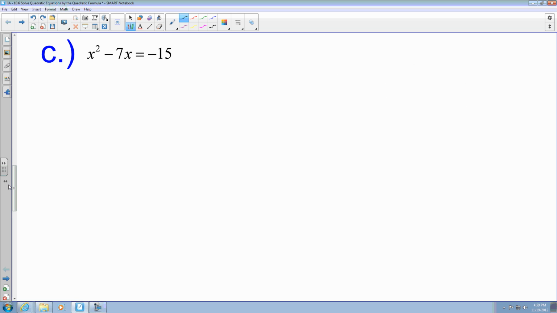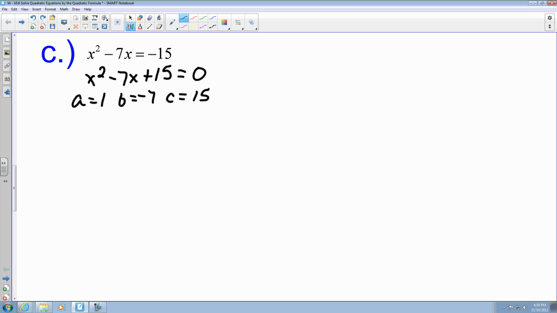Let's look at C. So again, we're going to set one side equal to 0, so I'm going to add 15 to both sides. And here I know my A equals 1, my B equals negative 7, and my C equals 15.